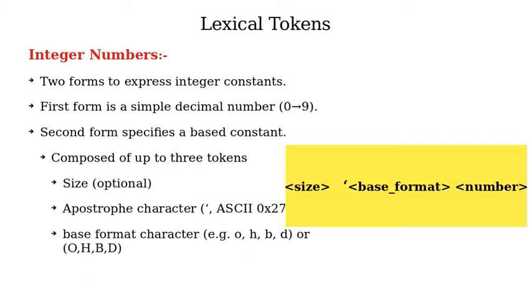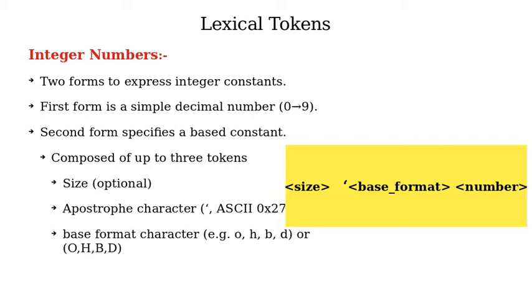There are two forms to express the integer constants. The first one is the simple decimal number which is represented through digits 0 to 9. The second form specifies a base constant which is composed of three tokens: size, apostrophe, base format and number. The size is optional.